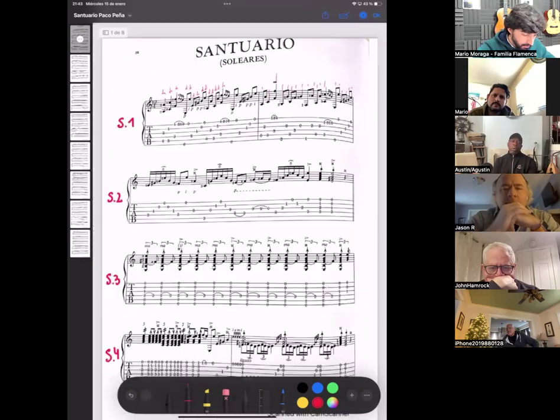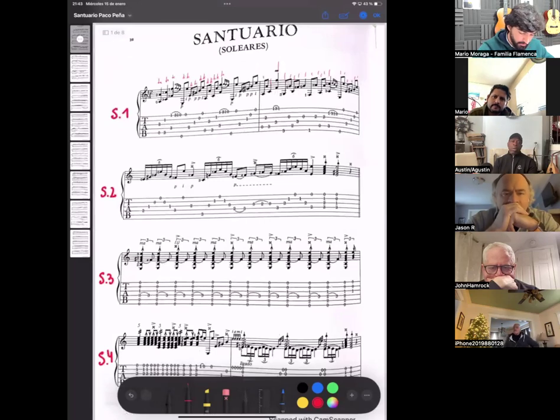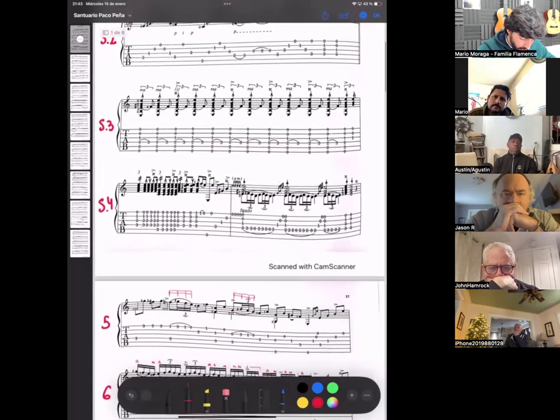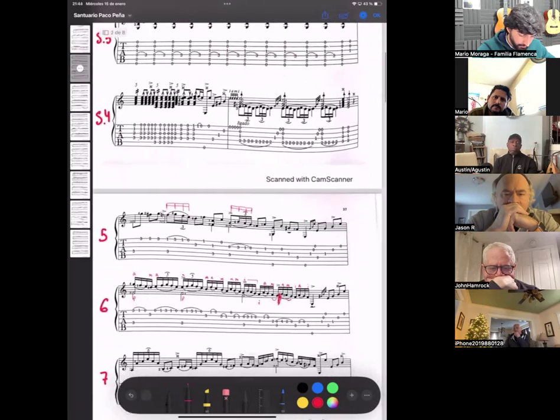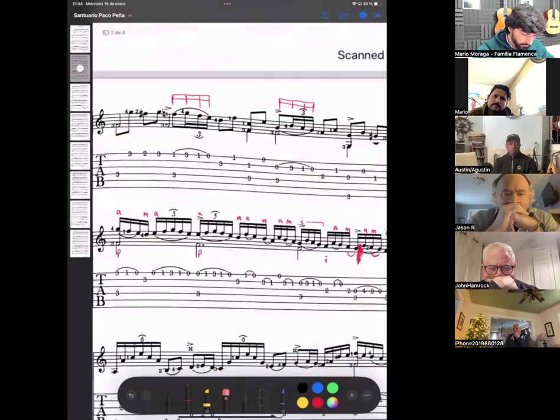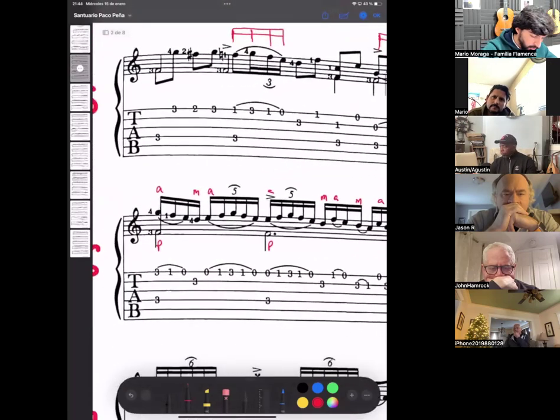And maybe this is easy, but we can go to crazier things. We know that the main beat is always on the first note of each group. So this would be the first beat, second beat, third beat, fourth beat.